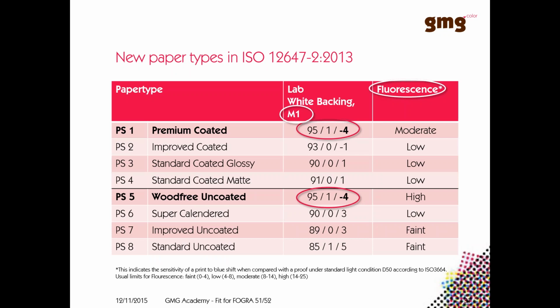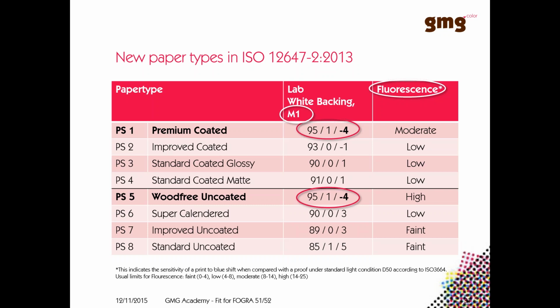From 5 paper types in the past, we now have 8 paper types described, 4 coated and 4 uncoated paper types. You see the list of paper types here, which goes from premium coated through the list of coated to wood-free uncoated and the other uncoated ones.